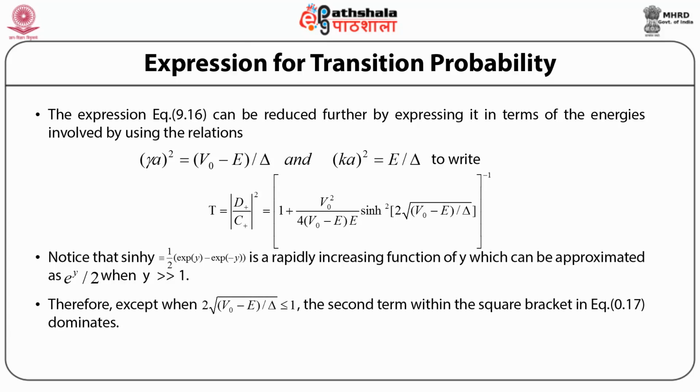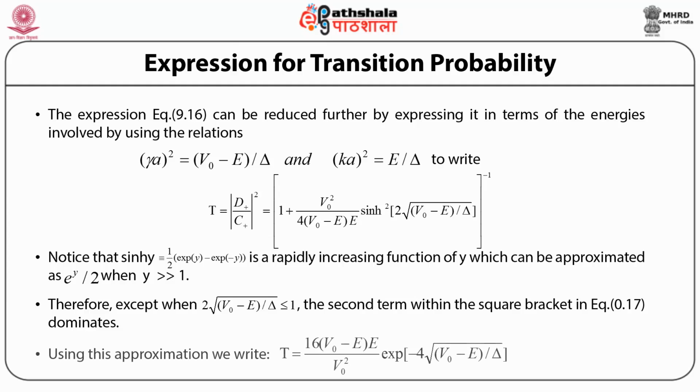Therefore, except when twice the square root of V naught minus E by delta is less than or equal to 1, the second term within the square bracket in equation 17 dominates. Using this approximation, we write T is equal to 16 times V naught minus E into E by V naught square into exponent minus 4 into the square root of V naught minus E by delta.